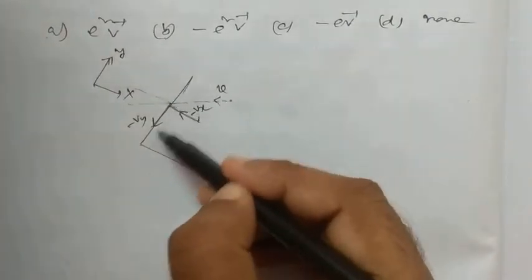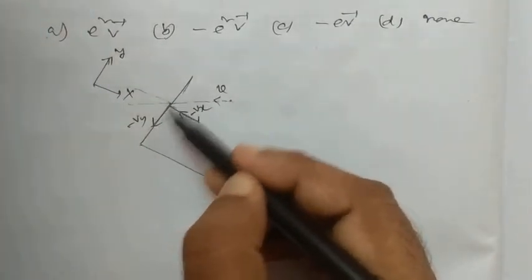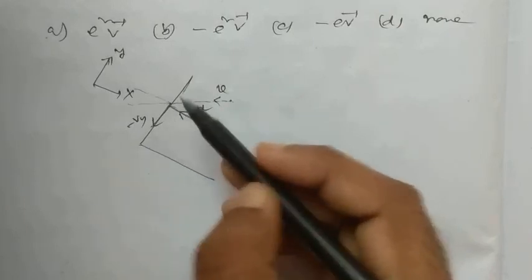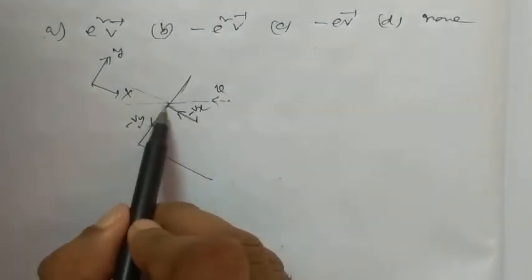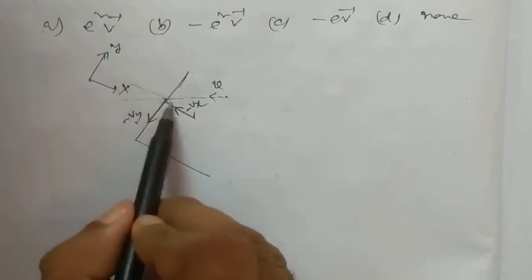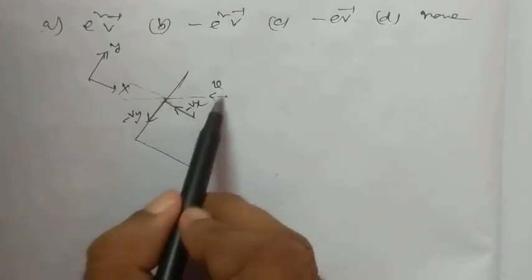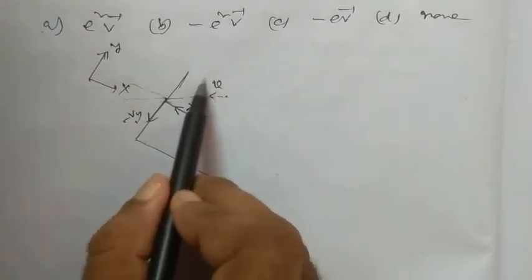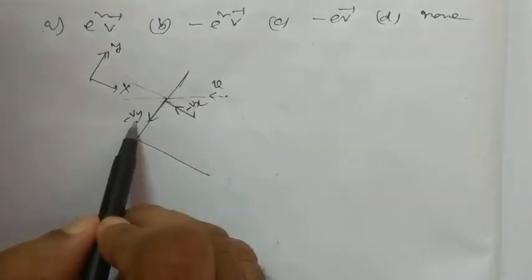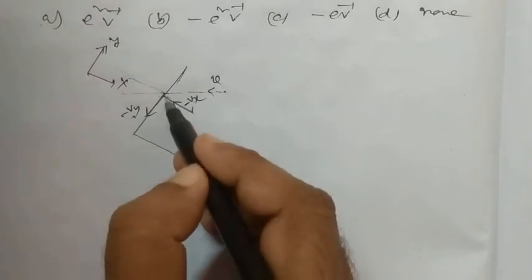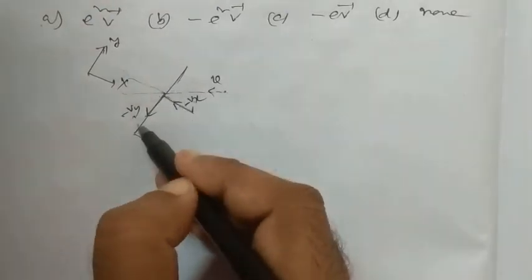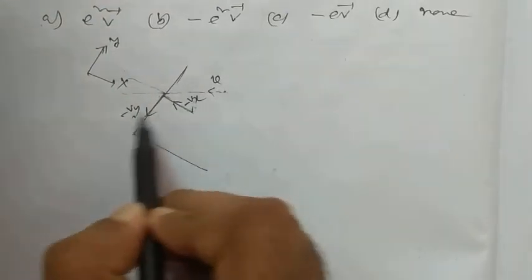So this will be along the negative y axis. It is moving in the negative x direction. This velocity has been broken up into two components, one along x and one along y. Vx is acting along the negative x and Vy along the negative y, so we have taken it to be minus Vx and minus Vy.